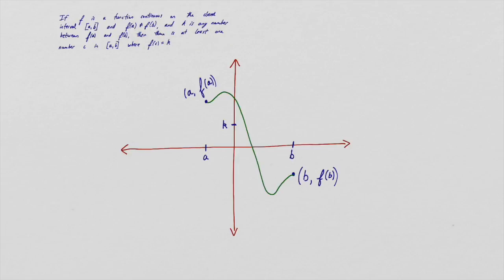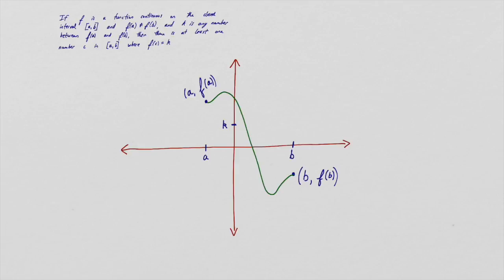Then there is at least one number c in a to b where f of c equals k. So somewhere between a and b, it doesn't say where, doesn't matter where, there is going to be a point c such that f of c equals k. What this is really saying is that if we have this value of k, whatever k is, there's some x coordinate, or c we're going to call it, that gives us k.